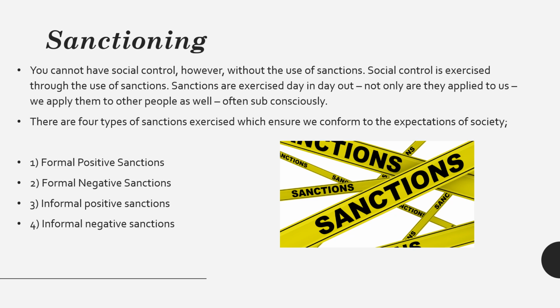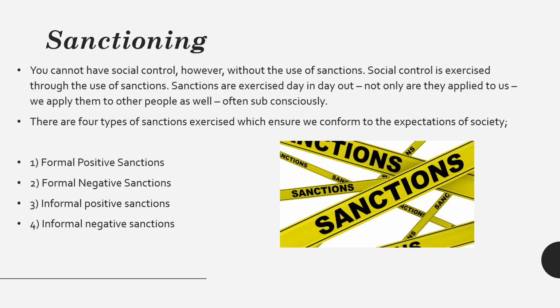So there are four types of sanctions that are exercised in order to conform to the expectations of society. You have formal positive sanctions, formal negative sanctions, informal positive sanctions, and informal negative sanctions.